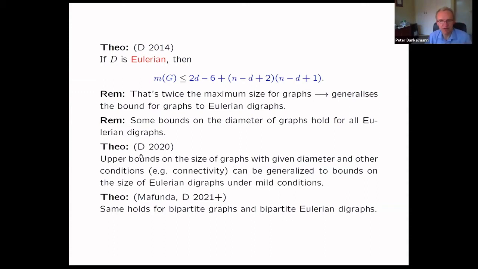So we managed to prove in a somewhat general setting that such bounds on the maximum size of graphs for given order, diameter, and other conditions always generalize to Eulerian digraphs. And Mafunda proved that if we have bounds for bipartite graphs, then they also automatically generalize under mild conditions to bipartite Eulerian digraphs.